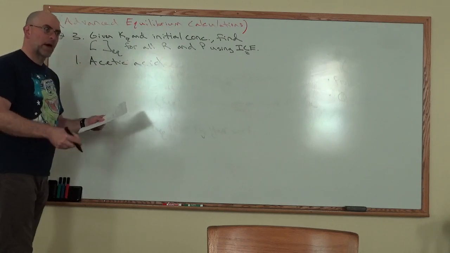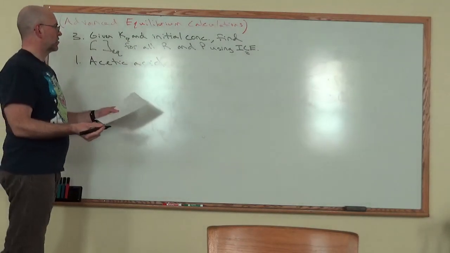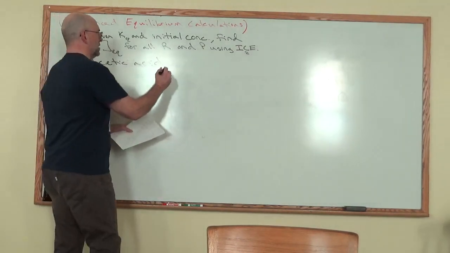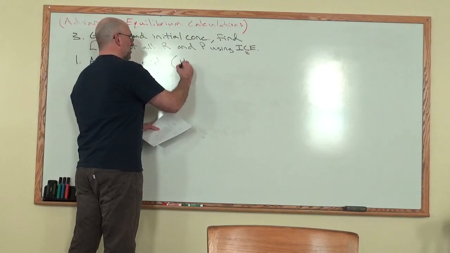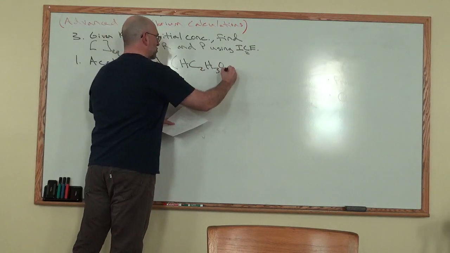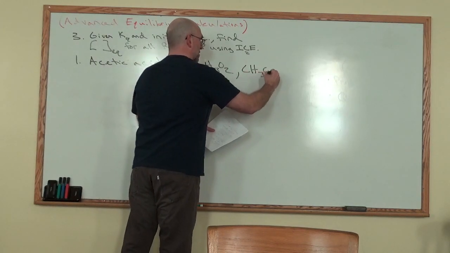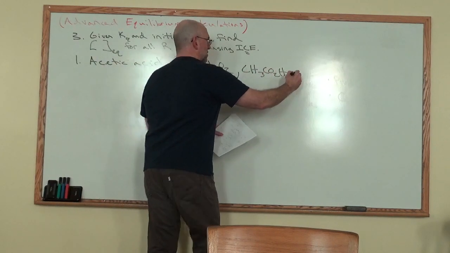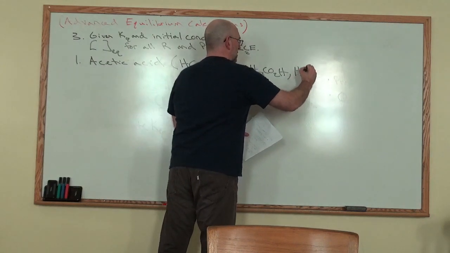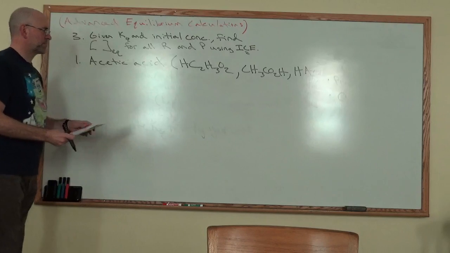It is a weak monoprotic acid. Fine. So it's weak and monoprotic. And sometimes the symbol we use is HC2H3O2, that's the symbol I'm going to use. I may have mentioned this before. Those are 3 different ways of writing this.